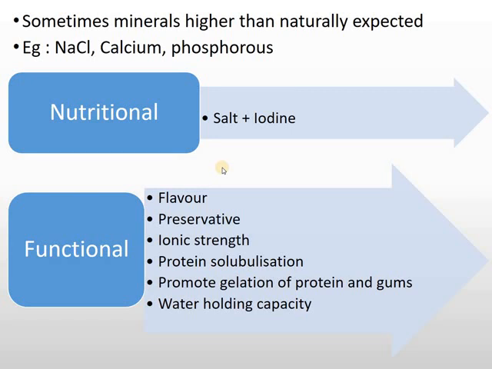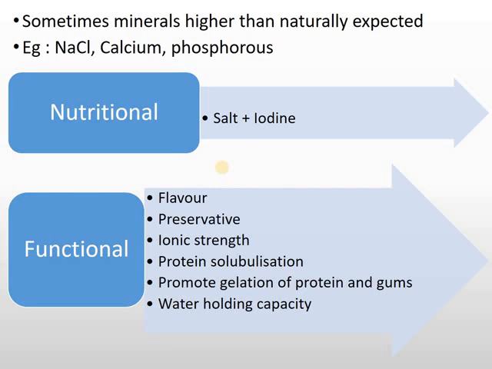And then we also know that sometimes minerals can be much higher than expected, especially your sodium chloride, your calcium and phosphorus that are found in different food products. So nutritionally, your salt is fortified with iodine, and that is obviously to prevent the formation of goiter.